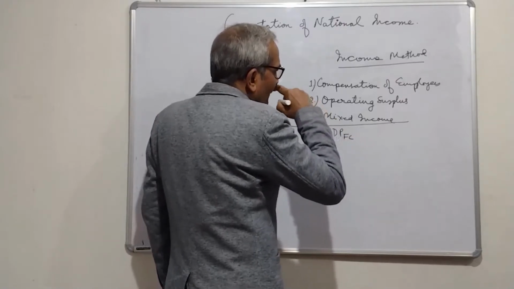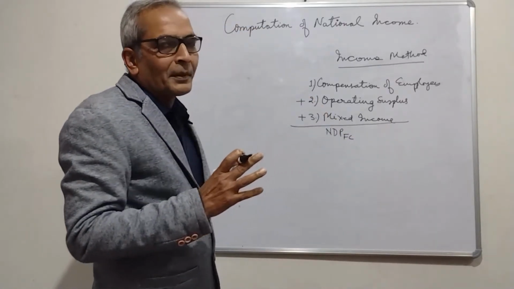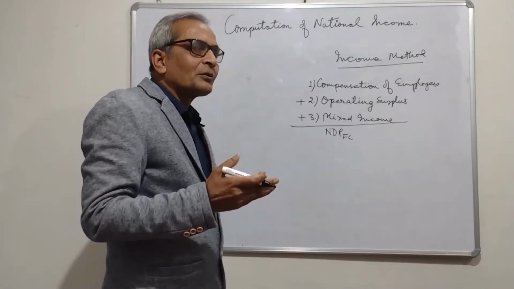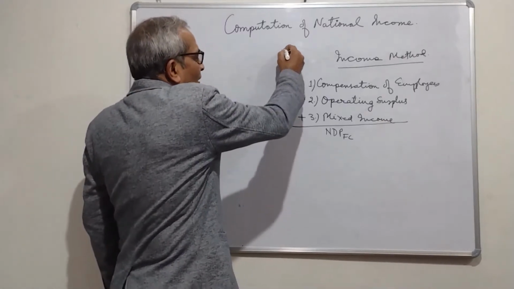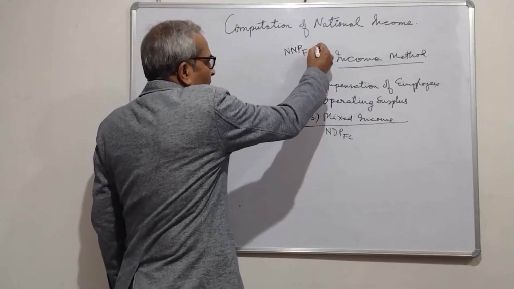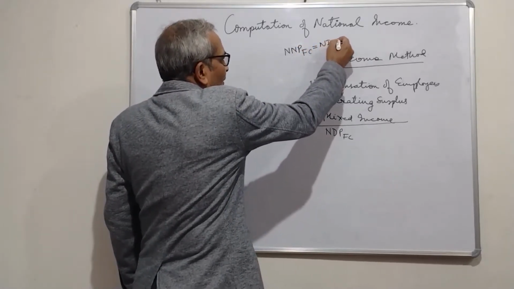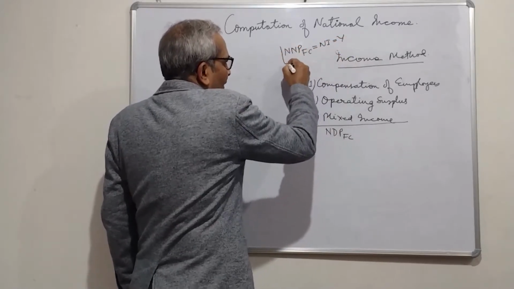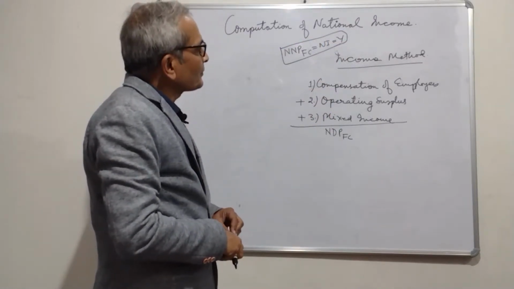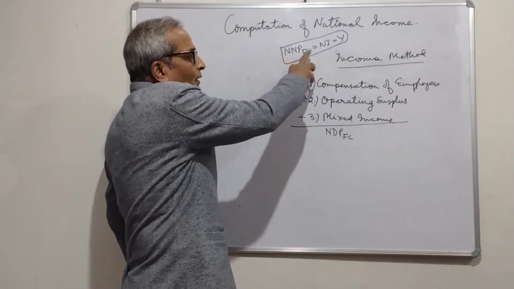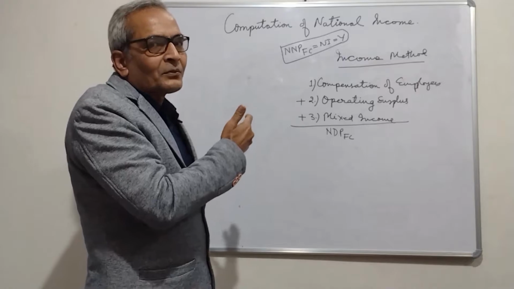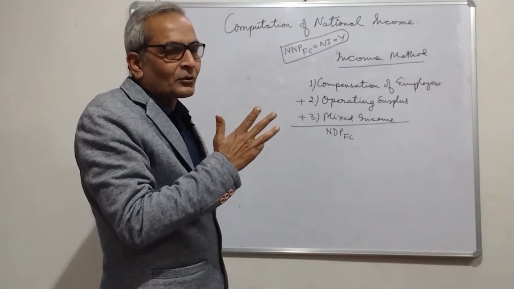And let us remember and be very clear that when we are talking about national income, we are talking about net national product at factor cost, which is the national income, denoted by capital Y. So whenever we are talking of national income, we are talking about NNP at factor cost.